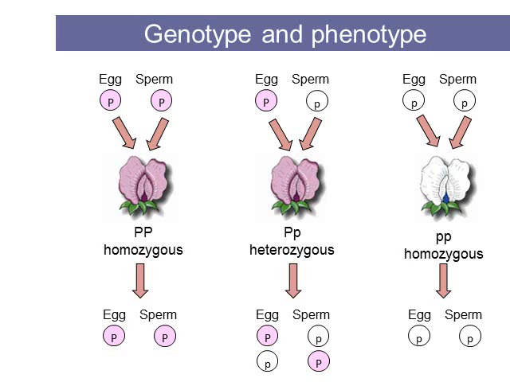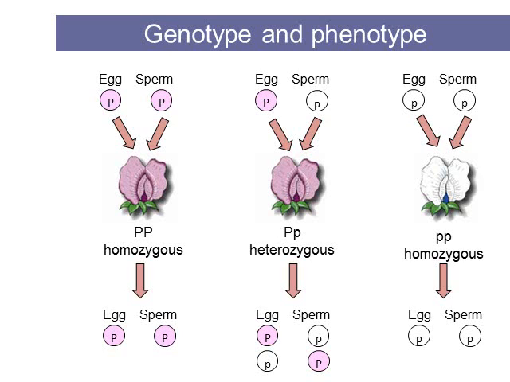When you combine a mom that is purple and a dad that has given a white, it will still come out purple. This is called a heterozygous plant. You can't see it when you look at it. I could not tell the difference between a homozygous and a heterozygous without doing some sort of genetic test. But this one is a carrier of the white gene. It's hidden; that is a recessive gene.